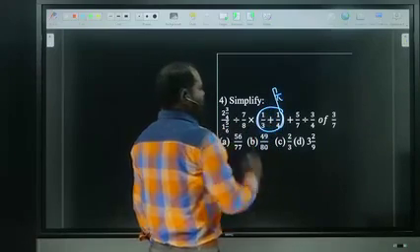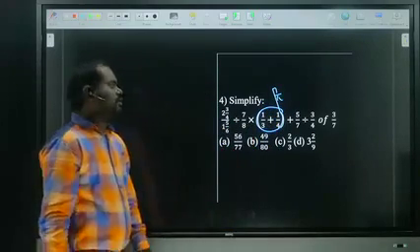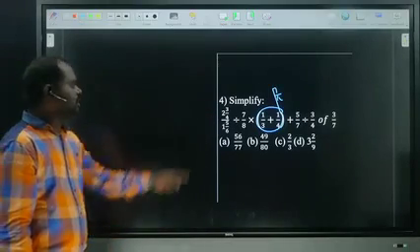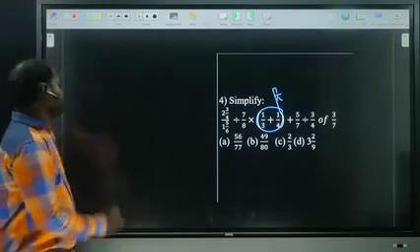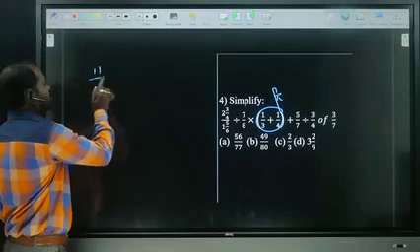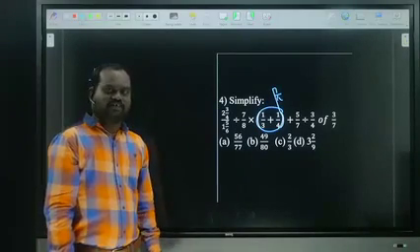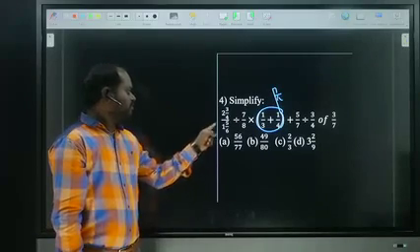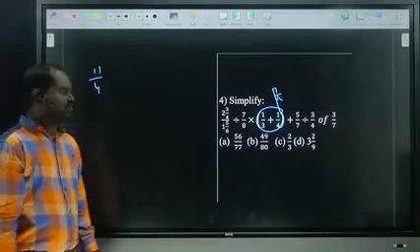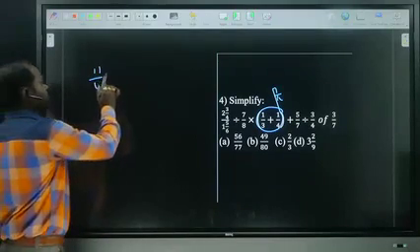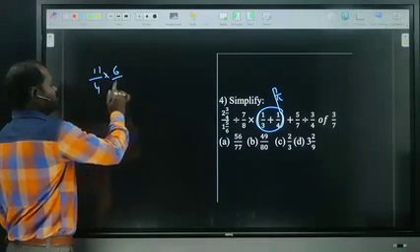This answer was 7 by 12. Divided by 1 5 by 6, by conversion 6 ones are 6 plus 5, 11 by 6. By taking the reverse order it becomes into 6 by 11.